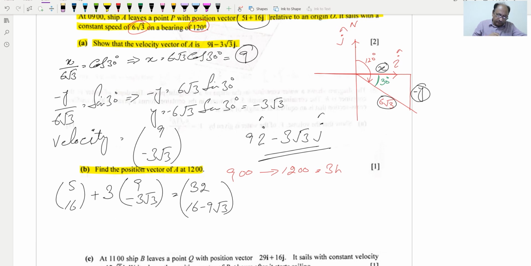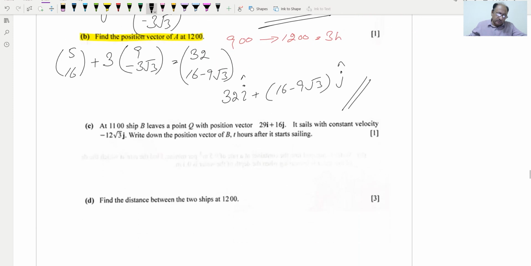The product of time and velocity will be the distance. So the distance will be added to the initial position, and we can write it in i and j format: 32i plus 16 minus 9 root 3 j unit vector, and this will be the answer.